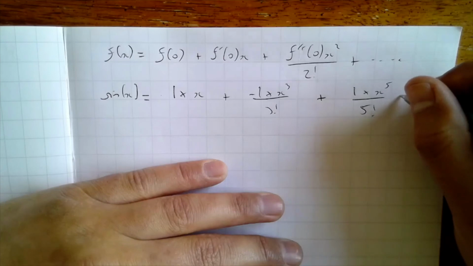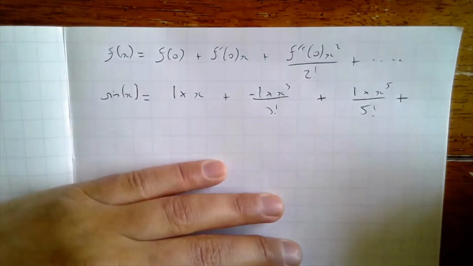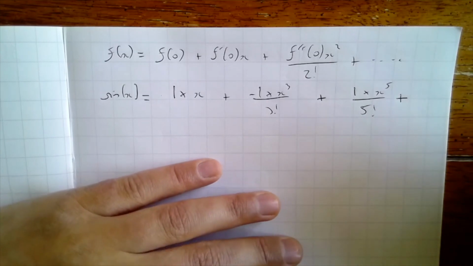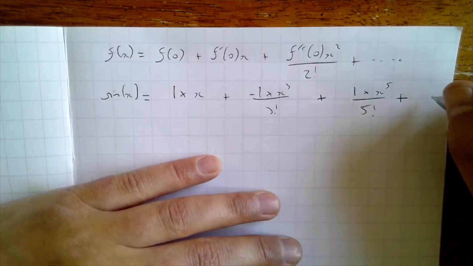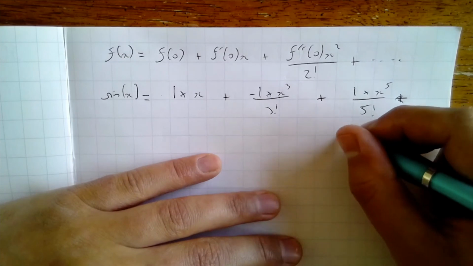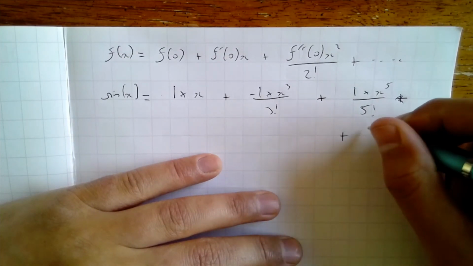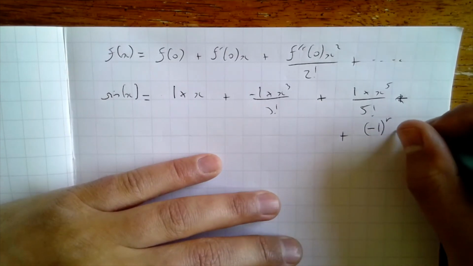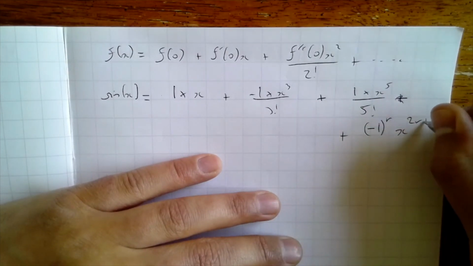And then if I think about what the general term is going to be, let's write it on the next line so I've got a bit more space. Well, I know evaluated at 0, it's minus 1 to the r, and it's x to the 2r plus 1 term.